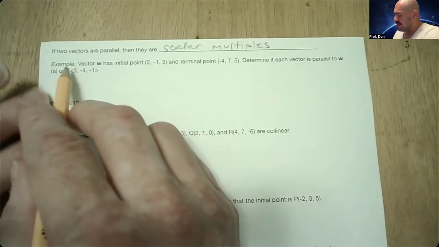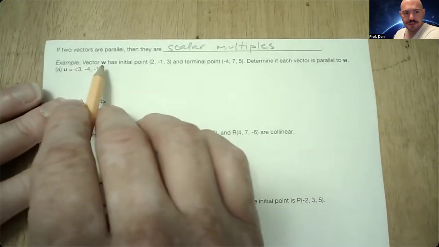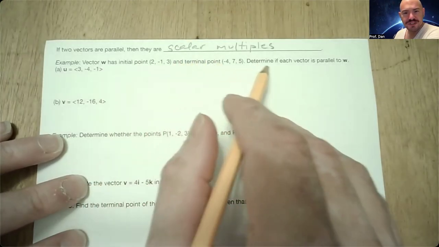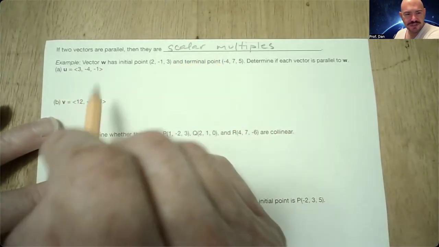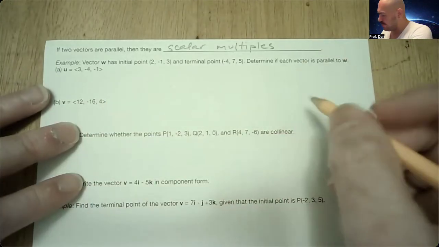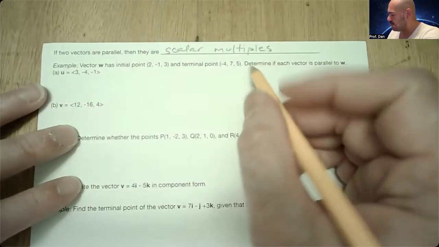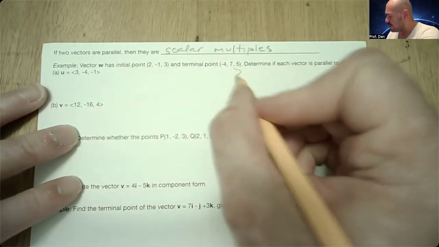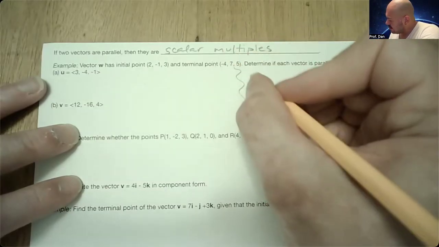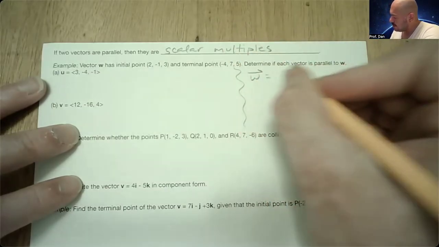So for the next example, we have a vector called W. It has this initial point, it has this terminal point. We want to determine if each of these vectors given is parallel to W. So the first thing we would need to do is figure out W's component form. So off to the side, I'm going to write W out in component form.